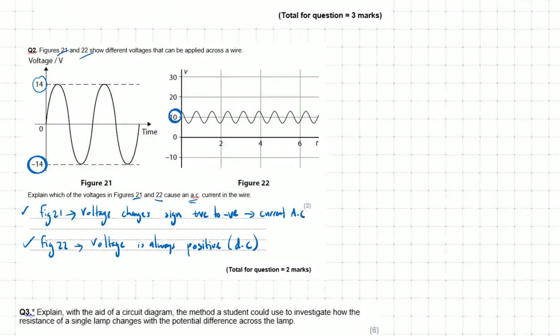Here you begin getting a mark. Most of you forgot to talk about 22. You've only talked about 21, and this is 2 marks, as you can see. So for 2 marks, you need to talk about 21 as well as 22. Figure 22 is not AC because the voltage is always positive, and you need to talk about the other one. That's why we are going to be picking up a mark.